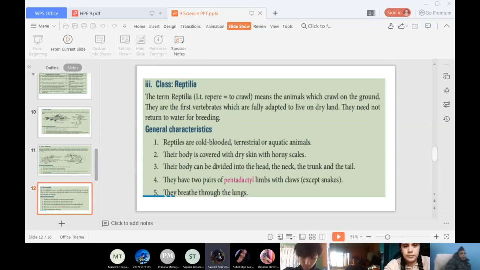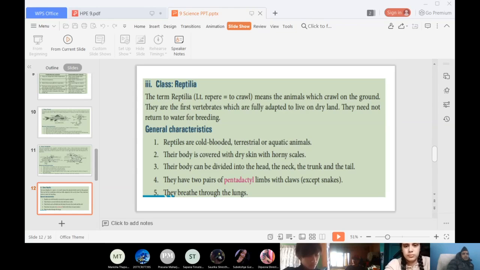Let's check. The body is covered with dry skin with horny scales. The body is divided into head, neck, trunk, and tail. They have 2 pairs of pentadactyl limbs, meaning 5 fingers in their limb, and they breathe through lungs.